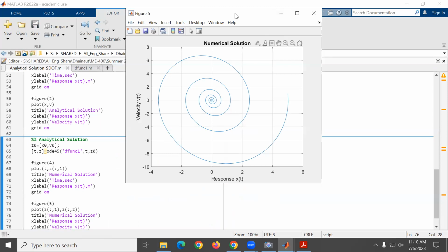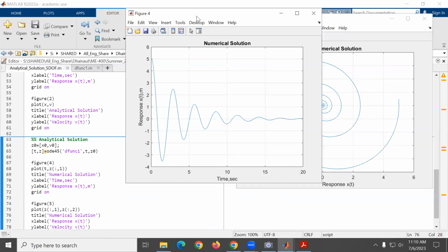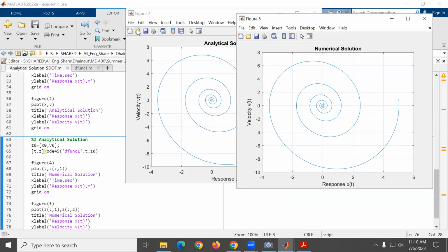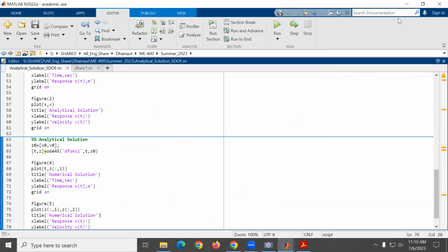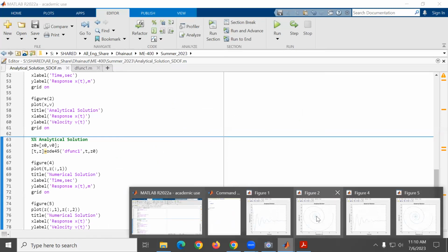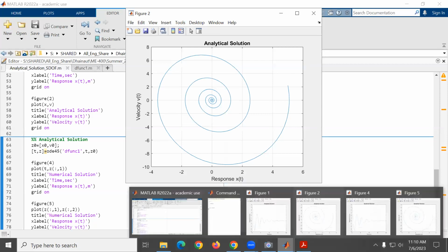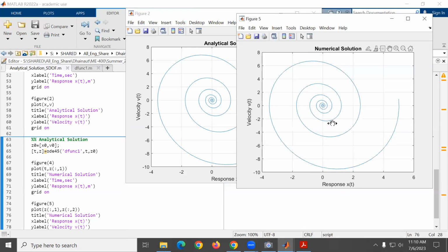Now, the numerical solution for this one is basically, come on. I mean, you see what I mean. Now these two figures here look kind of the same, no? The analytical solution with the numerical solution, they kind of give the same response, no?